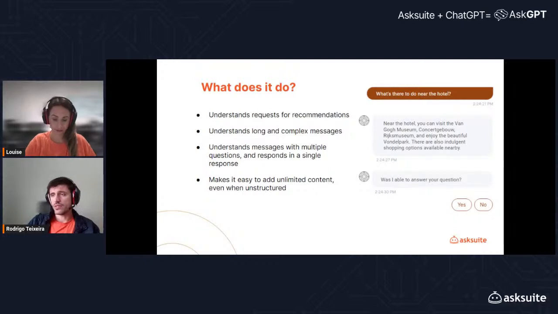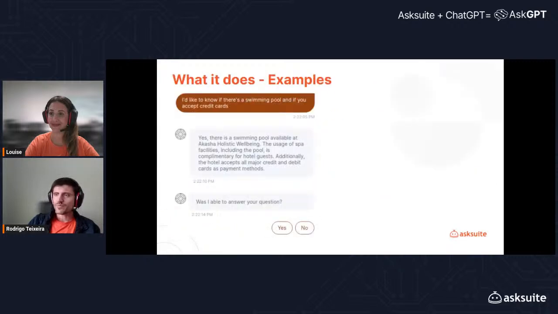The third point, as I showed on our last slide, AskGPT can now understand messages with multiple questions followed by a single response. The fourth point here is that we also developed a smart way to add unlimited content to the AskGPT algorithm, even unstructured content. So Louise will show how it works soon, but it's really, really nice.